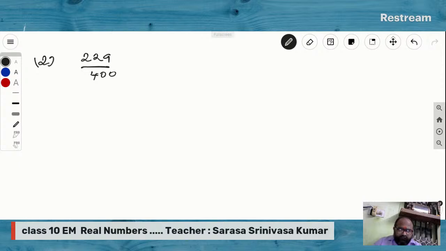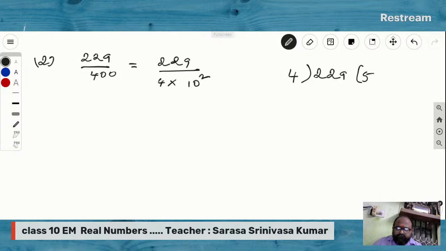This can be written as 229 by 4 into 10 square, that is 100. So we divide 229 by 4.